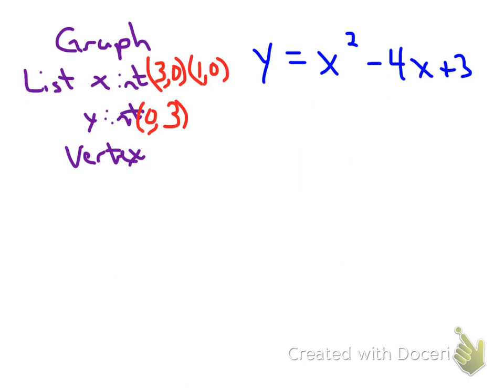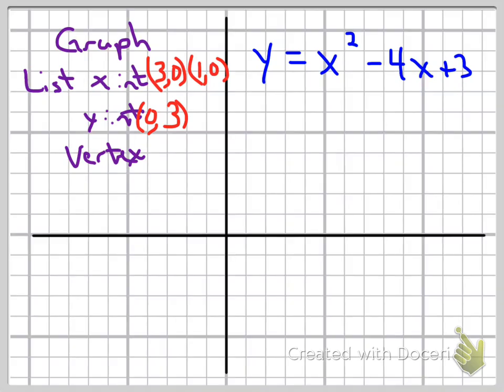is if I'm looking at a graph, I have my y-intercept here. My x-intercepts are at 1 and 3. My line of symmetry is halfway between my intercepts. That line of symmetry is x equals 2. So I can put 2 into this equation for x.